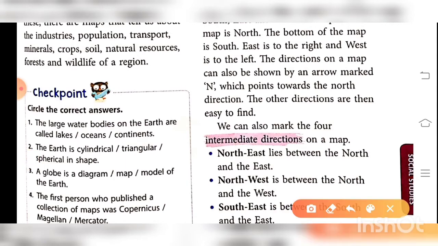Students, apart from these four major directions, there are also four intermediate directions on a map. They are northeast. Northeast lies between north and east. And northwest lies between north and west.